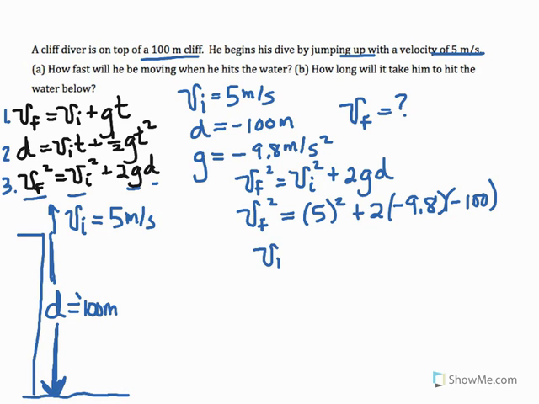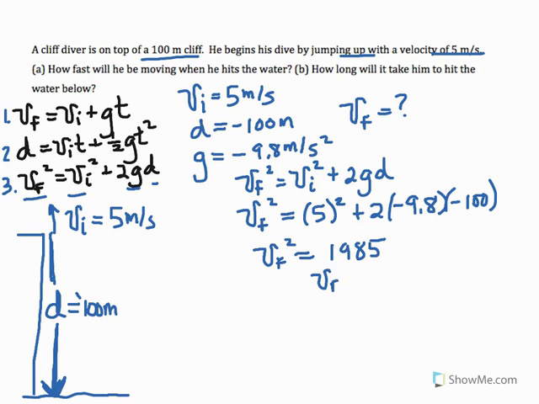So let's throw this in our calculator and see what we get. All right, so I throw in 5 squared plus 2 times 9.8 times 100. I'm adding it because those two negative signs cancel out. That's going to be 1,985. That's important that's positive because I wouldn't be able to solve it, the square root, if it wasn't.